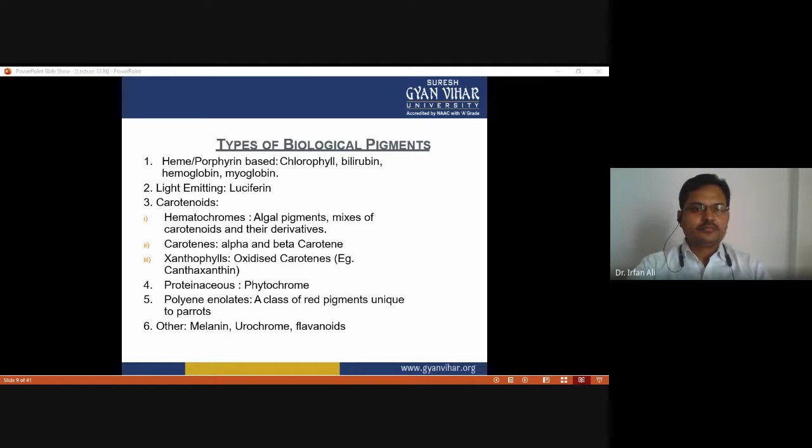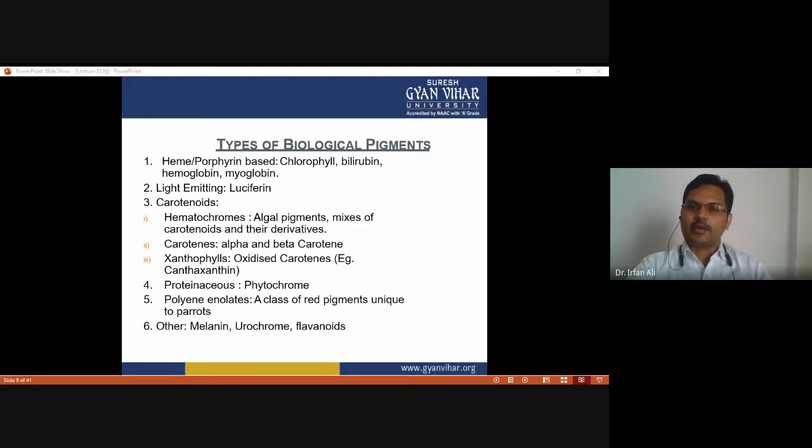Bilirubin too. Some pigments are light emitting pigments, for example luciferin. Then there are carotenoids, for example hematochromes.